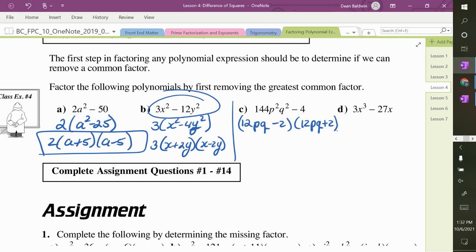Because when you're factoring, you factor until you cannot factor anymore. Is there a common factor in each of those brackets? 2. So I can pull a 2 out of the first bracket. 12 divided by 2 is 6, minus 1. And then I can pull 2 out of the second bracket. And I get that.